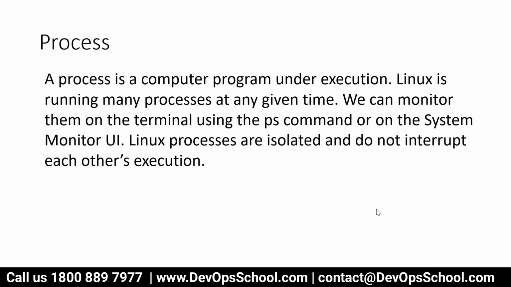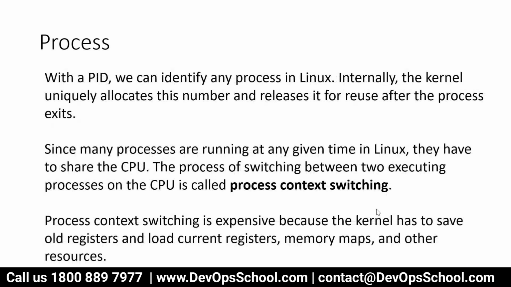Okay, so with the PID, we can identify any process in Linux using the ps command. Internally, the kernel uniquely allocates this number and releases it to reuse after the process exits. Okay, so I told you 26,000, you saw that because of that reason only. Since many processes are running at a given time in Linux, they have to share the CPU.